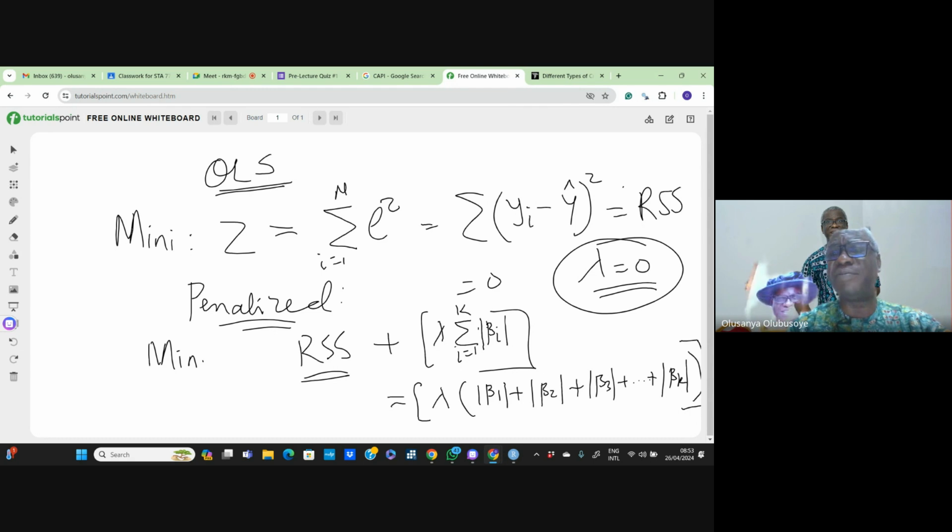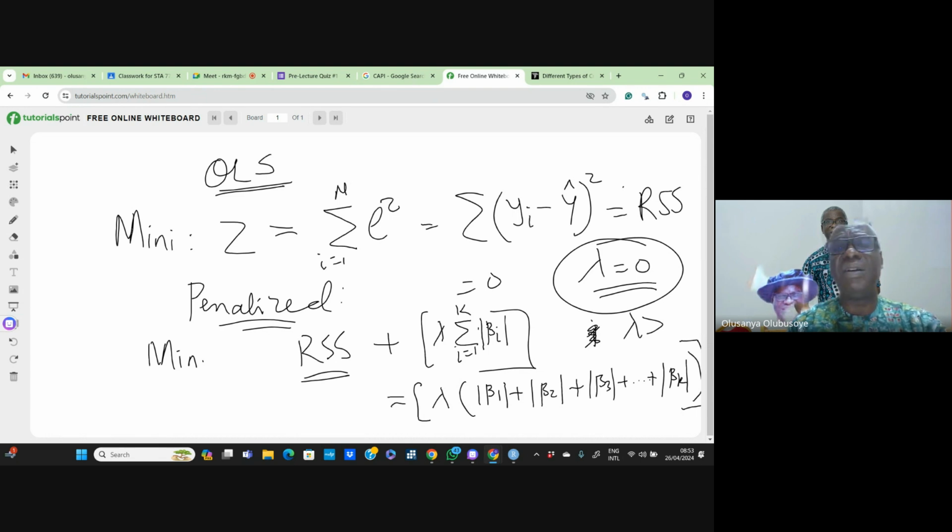So if there must be a penalty, lambda must be a positive value greater than 0 before you can talk of penalty.